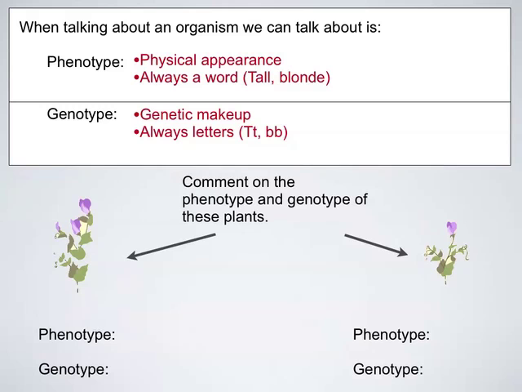So if I have two pea plants here and we're talking about their height, and I compare them, what is the phenotype of this plant? Tall. What are its possible genotypes? Yes. Could have two big T's, could be pure dominant, or what's the other word? Hybrid. How about this pea plant?